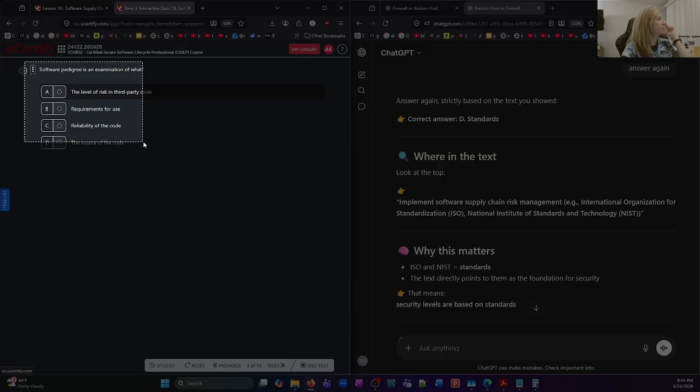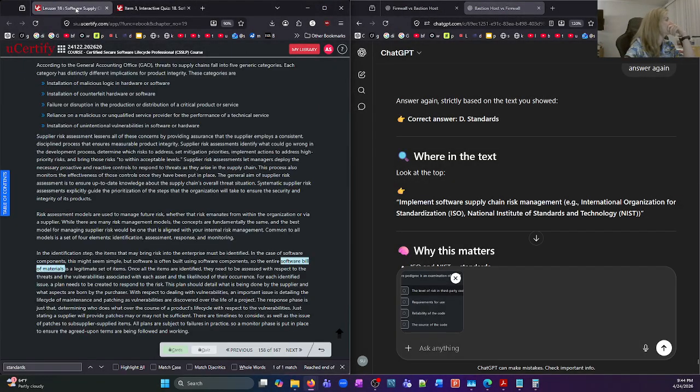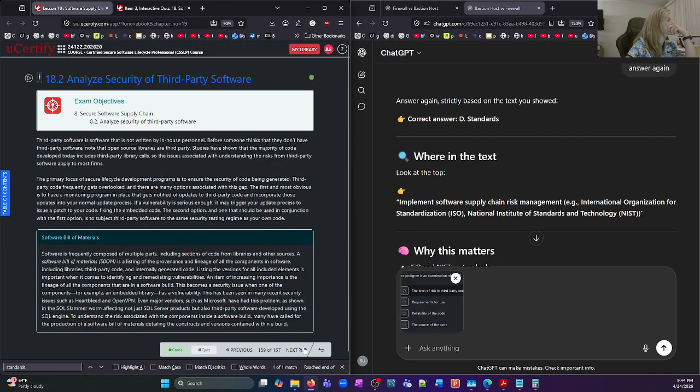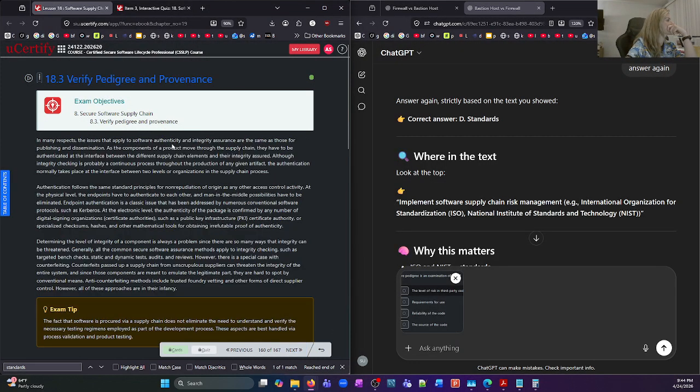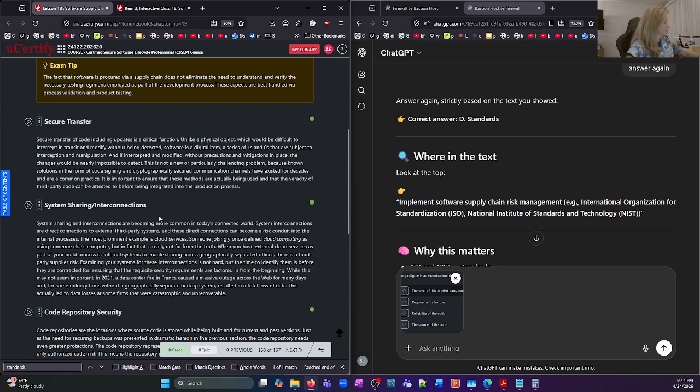Software pedigree is an examination of what? Determining level of integrity. Oh shit.